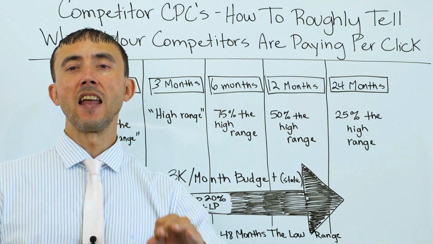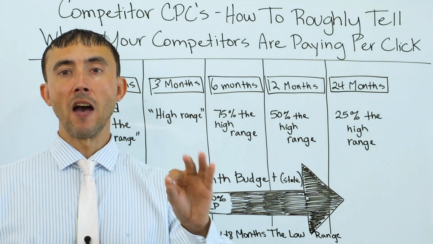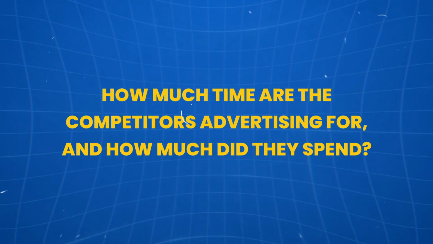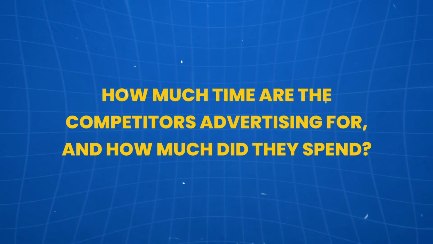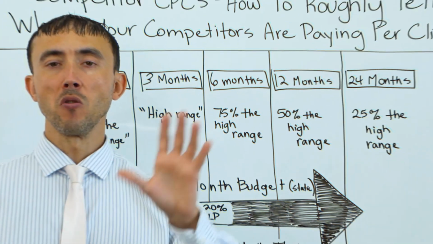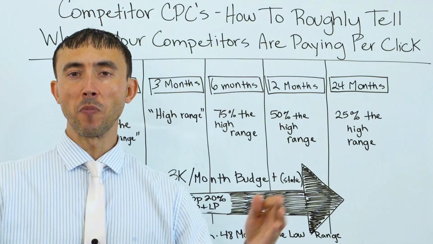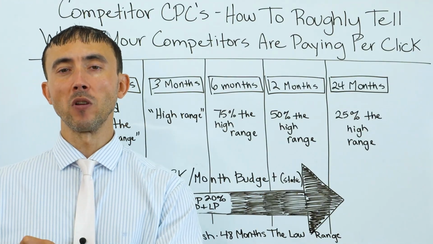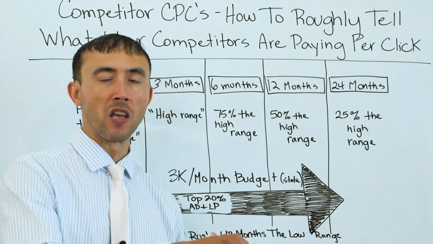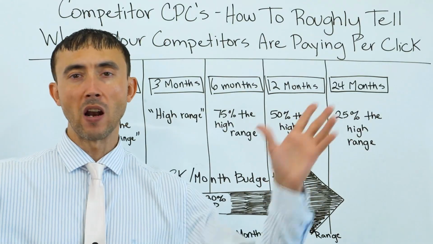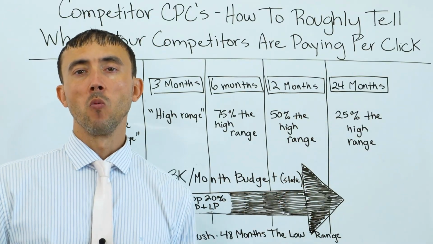But that said, this also depends heavily on how much time your competitors have been advertising for and how much they spend. So you have to factor these things into the equation as to figuring out what they're paying per click. You can't just take what they're showing up for, look in Google Keyword Planner, and right away know what they're paying per click.